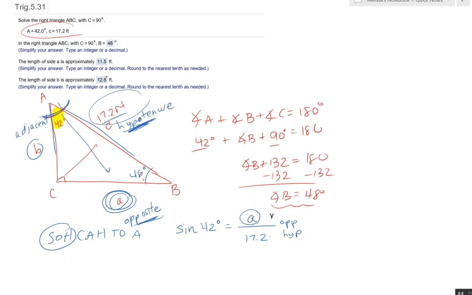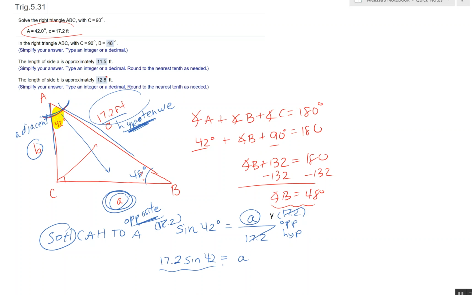Well, the opposite operation of division is multiplication. So I'm going to multiply both sides of this equation by 17.2. On the other side, when you multiply and divide by the same number, those cancel out, so I now have 17.2 times sine of 42 degrees is equal to A, and now I'm ready to enter this in my calculator.